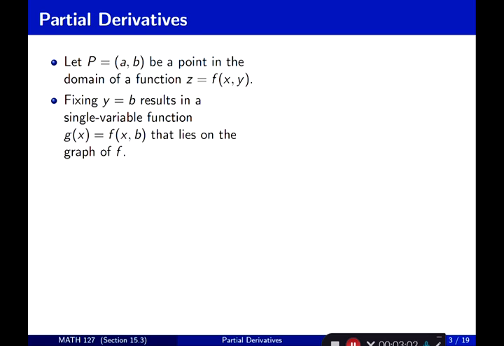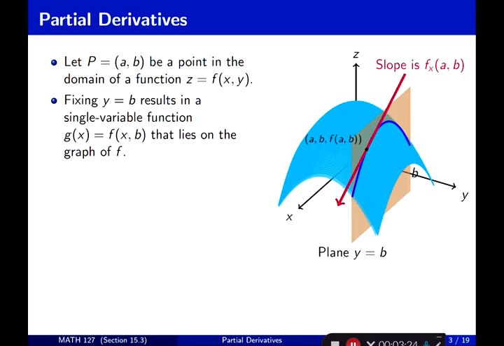So if I put a constant b for y, I get f of x and b. And so this is going to be a function of x only because b is constant. Now the only variable, the only input, is going to be x.